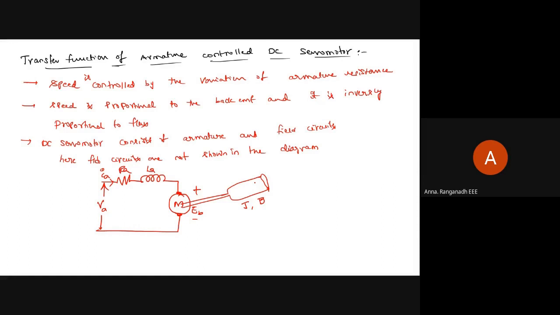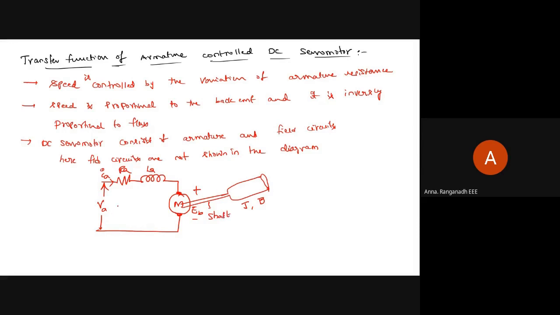Here the motor is moving in angular rotation, so we can consider a rotational system. That rotational system consists of three elements: J, B, K, the spring quantity. Here we consider only the moment of inertia as well as the dashpot. We cannot consider the spring quantity here. So this is the shaft, and at this shaft, the mechanical load is connected.